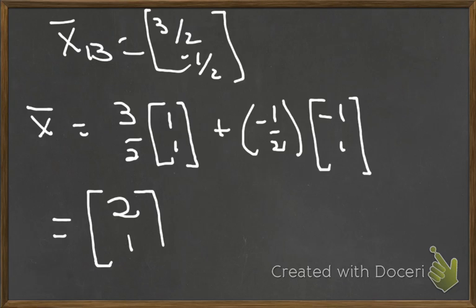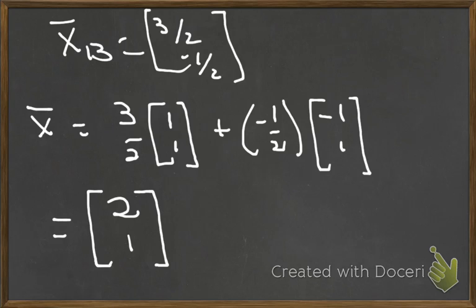So if I take the coordinates 3/2 and -1/2 and multiply them times the basis vectors in B, I get that vector translated into the standard basis as (2, 1), which was exactly what I got when I took the coordinates of the vector written in terms of C and multiplied those by the basis in C.